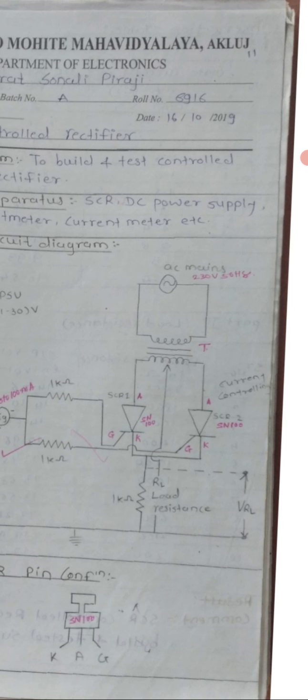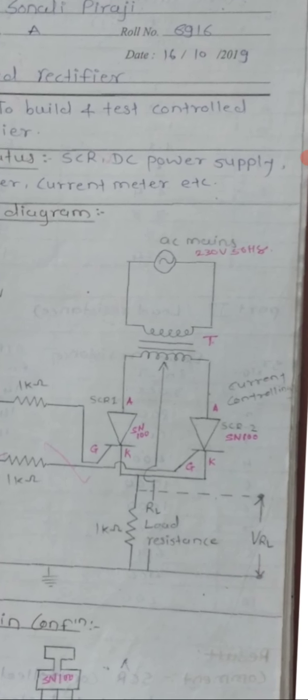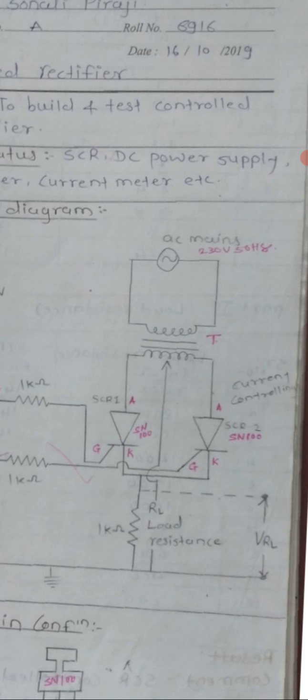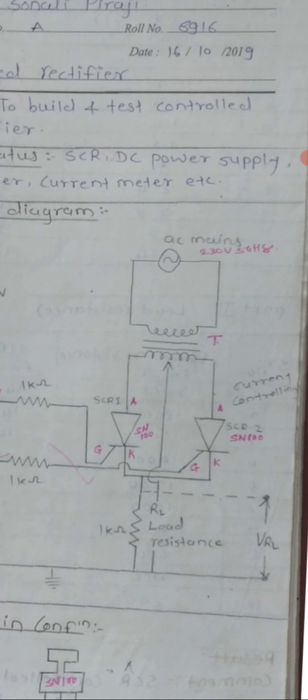In our circuit diagram, both SCRs' anode terminals are connected to the transformer. The anodes of the SCRs are connected to the primary and secondary terminals of the transformer.